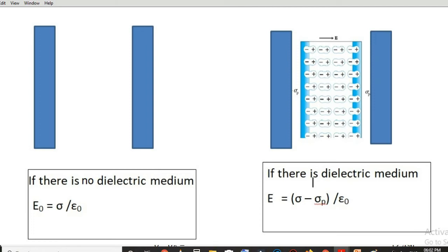And when a dielectric medium is present, instead of E0, we need to write E. And the sigma becomes sigma minus sigma P, because surface charge density is the sum of the surface charge density of the plate and by the polarization.